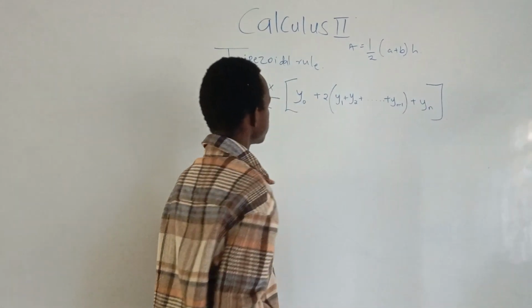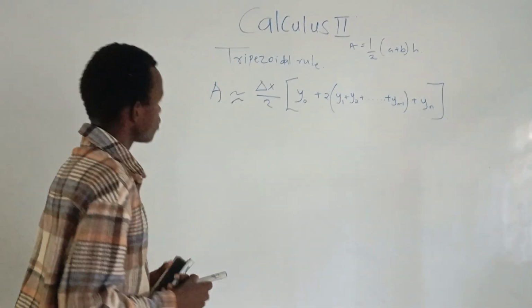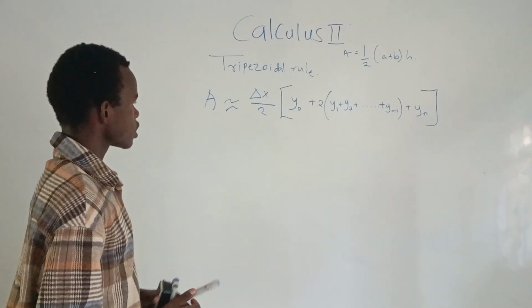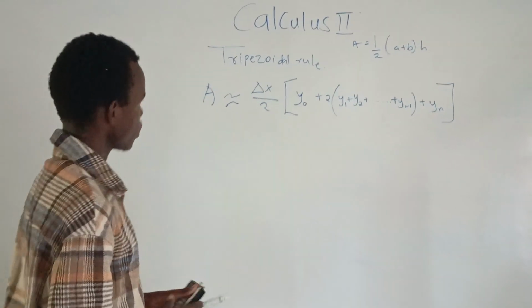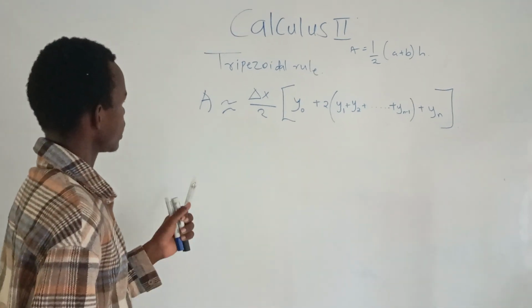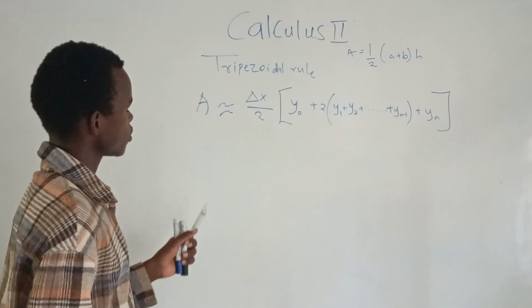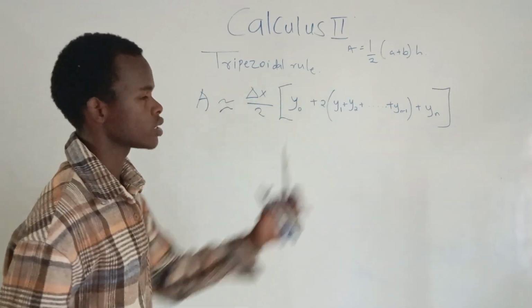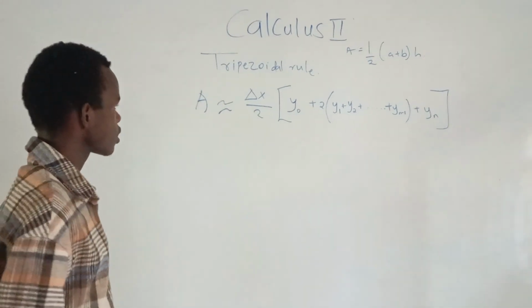So this is the formula for finding the areas of curves using the trapezoidal rule. I will explain each part of the formula using an example.